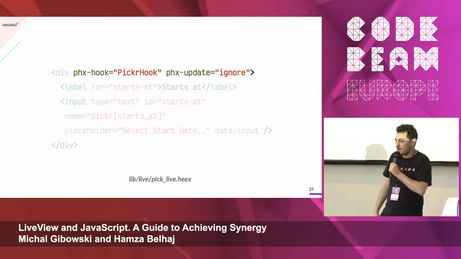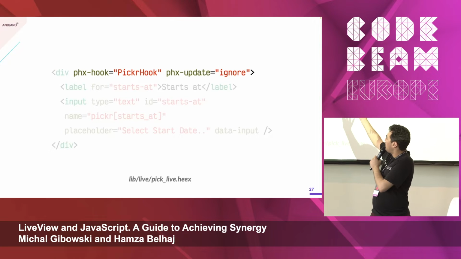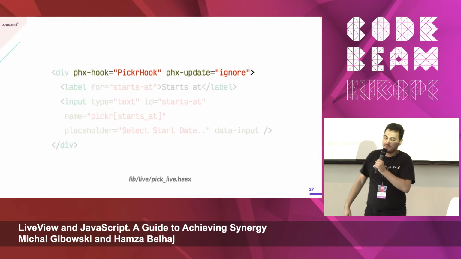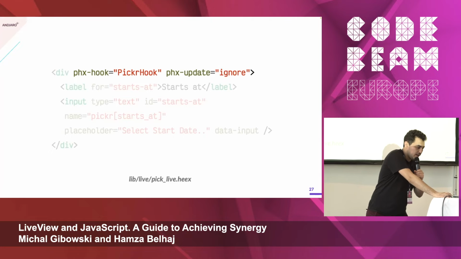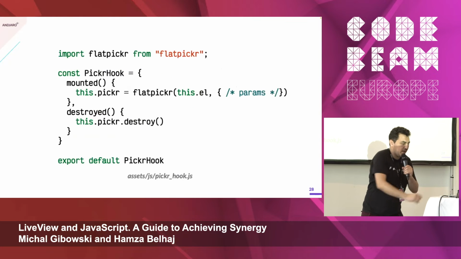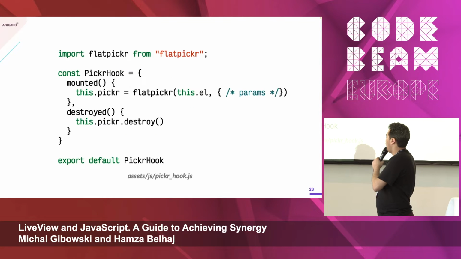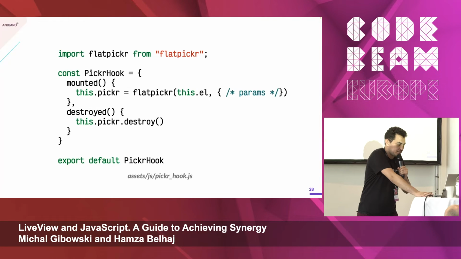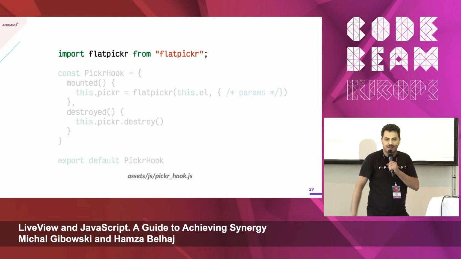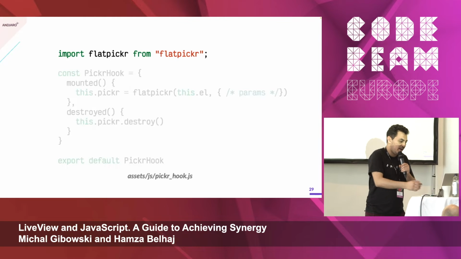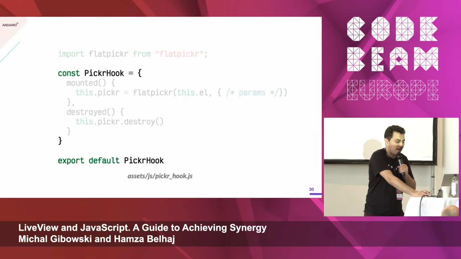Then the next step, logically, would be to look at what this picker hook object is in reality. As you can see, this is the source code for this Flatpickr hook, this picker hook object. Let's just go line by line. We start by importing the library.